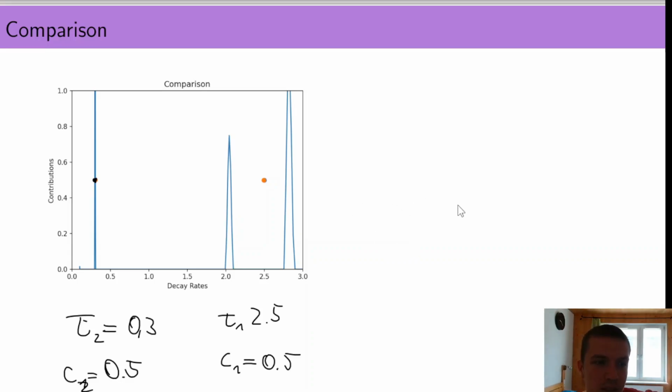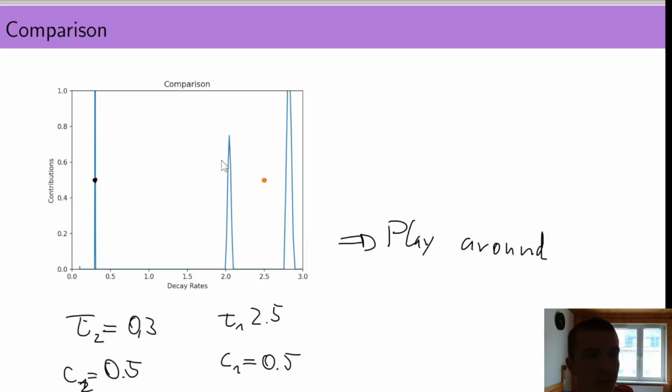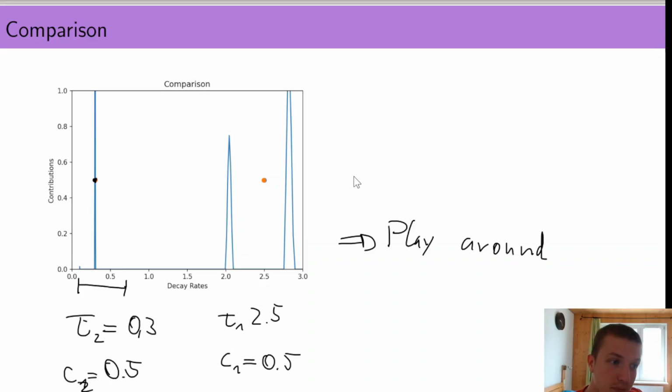So what you can do is play around with various different configurations, and what you see is that the smaller your decay rates are, the better your inverse Laplace transform works, and the fewer decay rates or exponential decays you have in your model, the better the fit is.